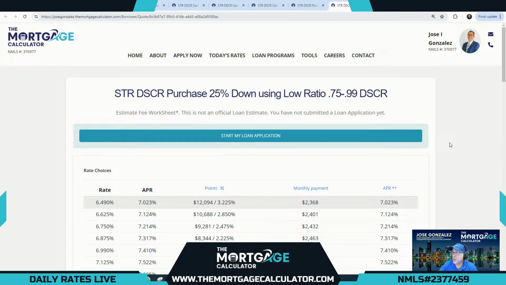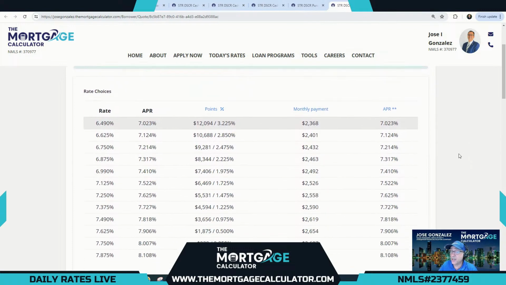This means that your housing expense exceeds your rent. So for the 0.75 to 0.99 option, we still have great rates. Look at that, 7.875 at par.